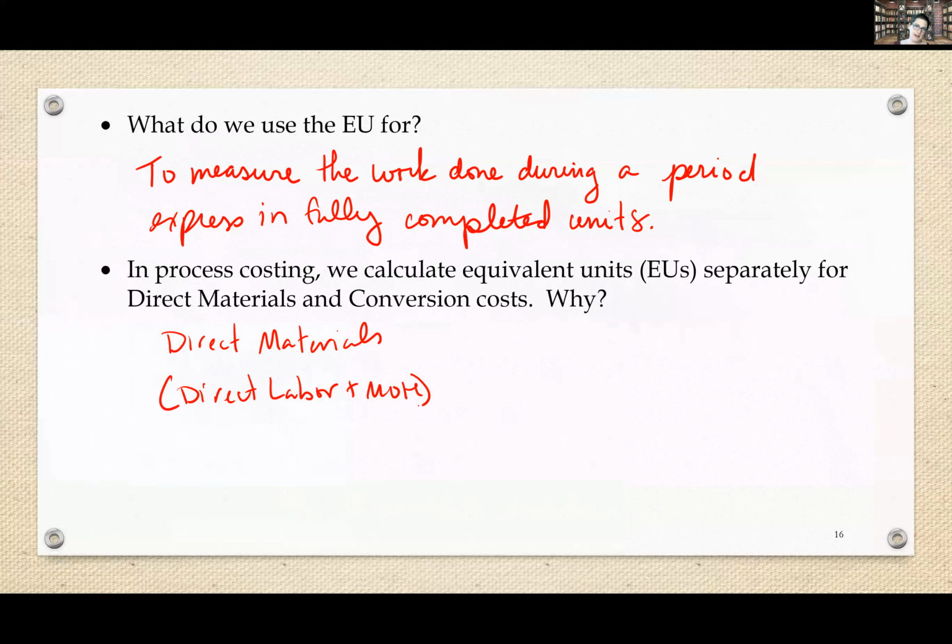If we think back to our butter example, if we think about the churning process, at the very beginning, before we do any churning, we're going to put in the cream and the salt. Then we're going to start churning. We're not going to add any more cream or salt during that churning process. We have added in all of the direct materials.